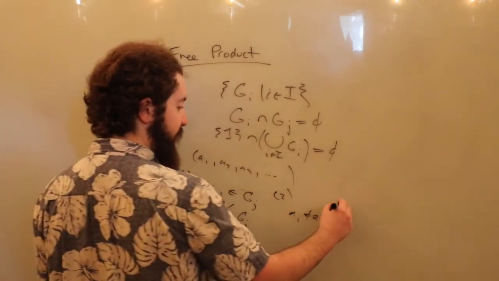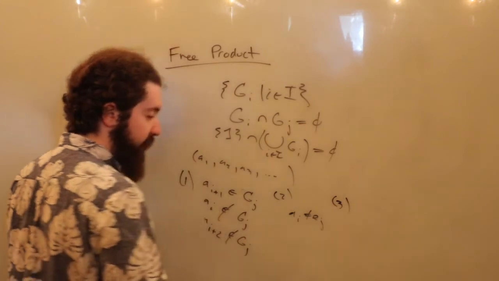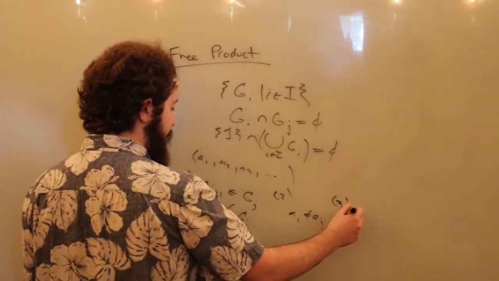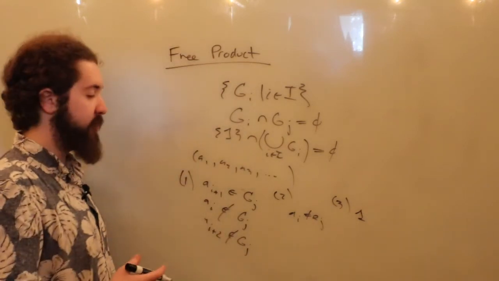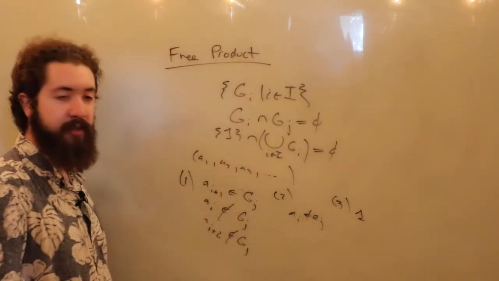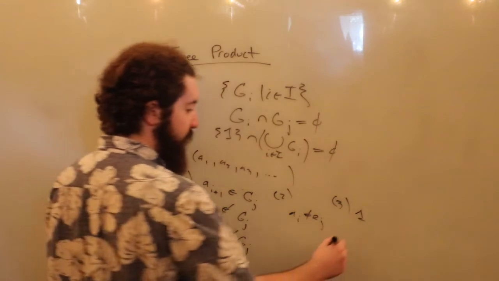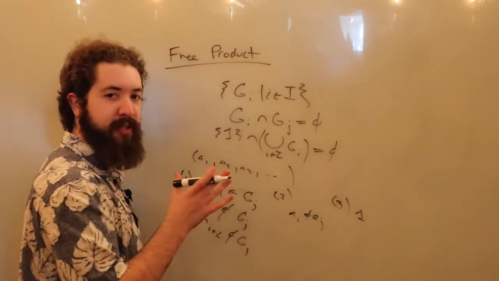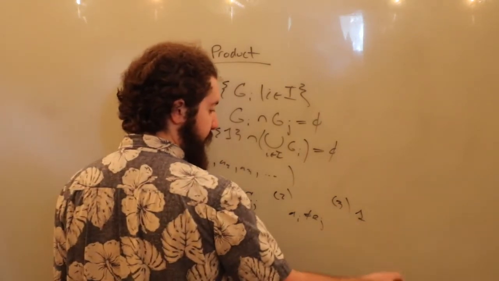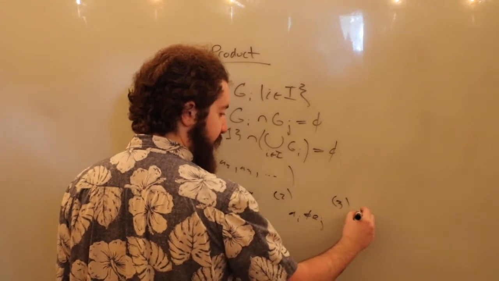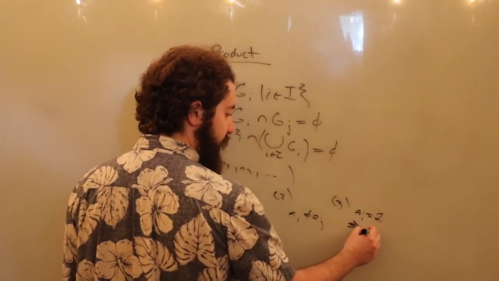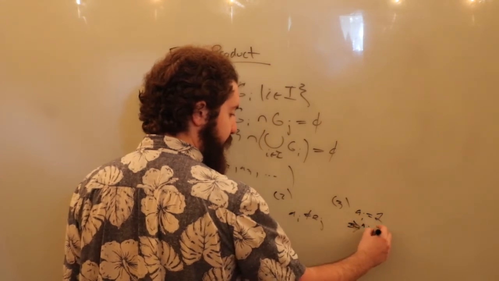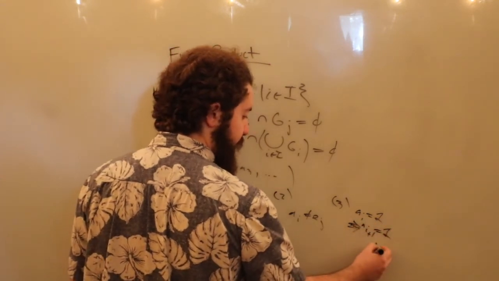And the last thing is the same requirement as before: once the sequence of 1s starts, it just keeps going. So we don't have any 1 sandwiched in between group elements. A sub I equals 1 implies A sub I plus 1 is equal to 1, and so on.